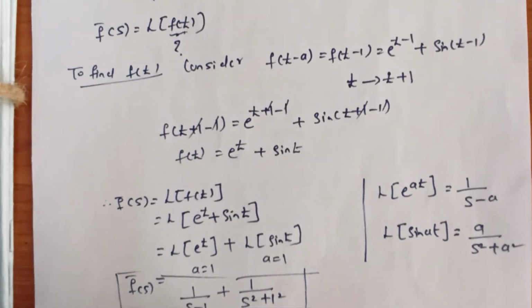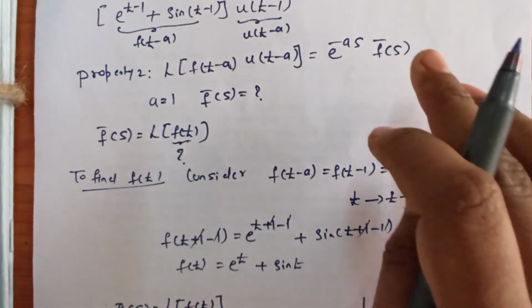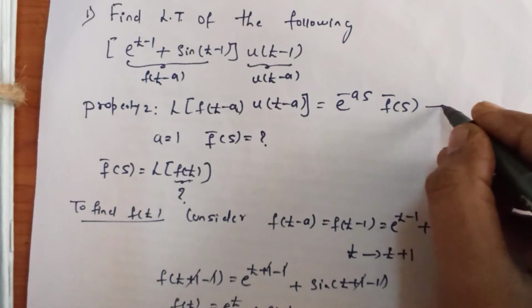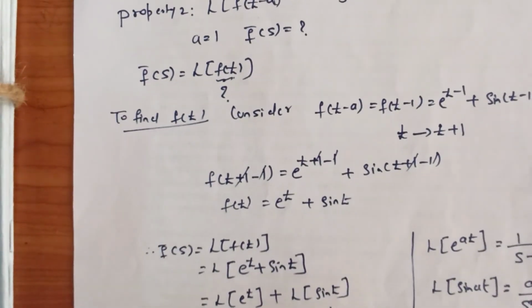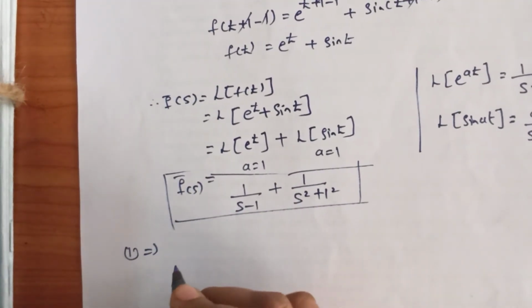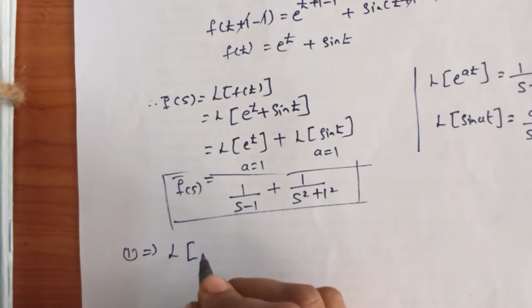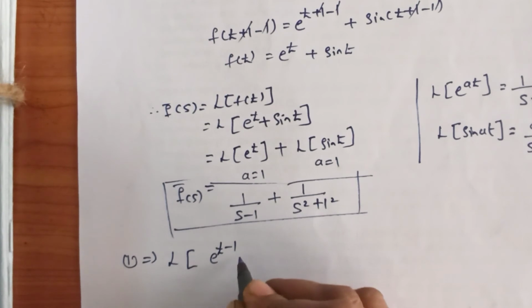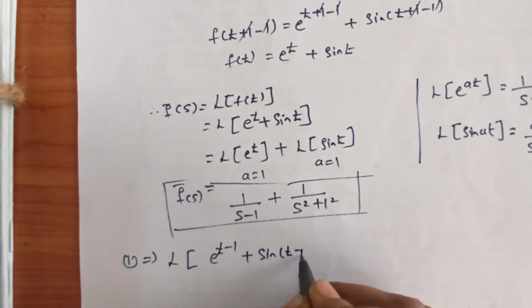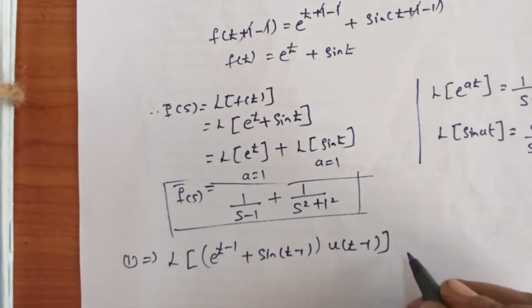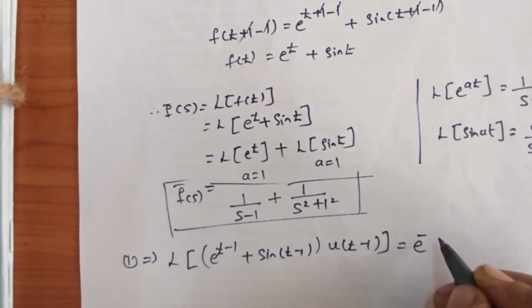After finding your f bar of s, substitute it in property 2, that is the second property. Let me name this as equation number 1. Equation number 1 gives the Laplace transform of f of t minus a, that is e power of t minus 1 plus sine of t minus 1, multiplied with u of t minus 1, is equal to e power of minus as.